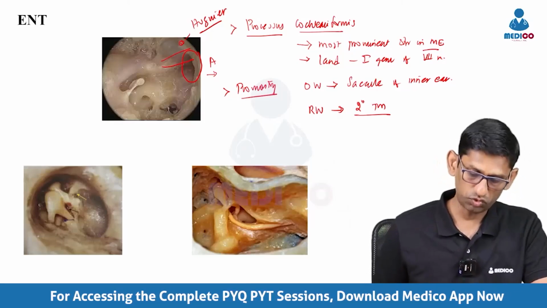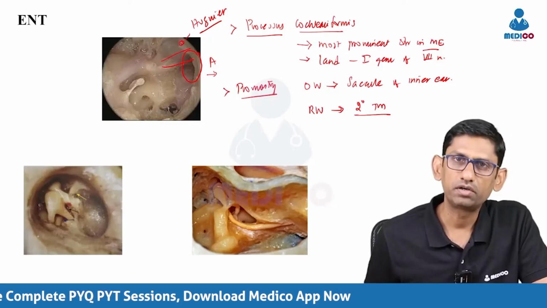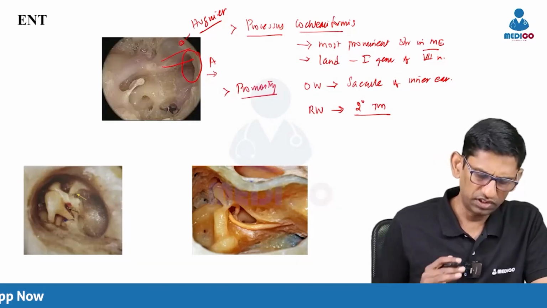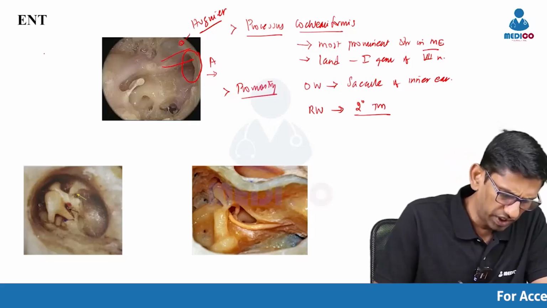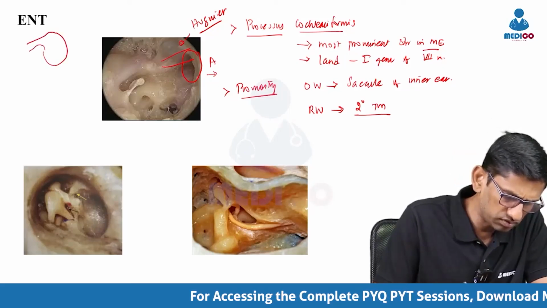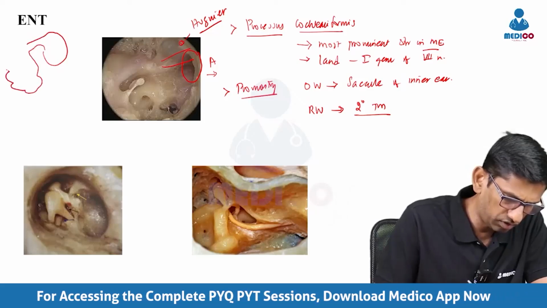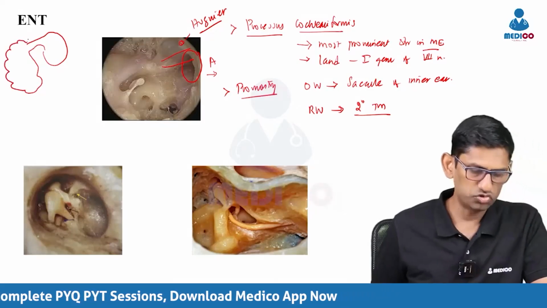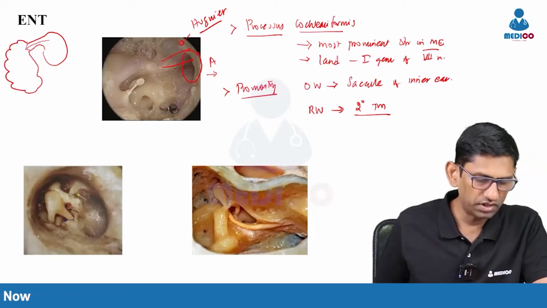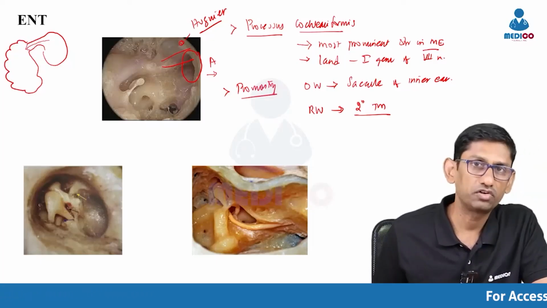Now coming to the posterior wall of the middle ear. It is quite important to note again, because a very important MCQ lies here in the posterior wall. See, very simply, we have this middle ear and it connects with the mastoid antrum and air cells in the posterior part. And what is the connecting pathway through which the middle ear gets connected with the mastoid antrum? That is called the aditus.